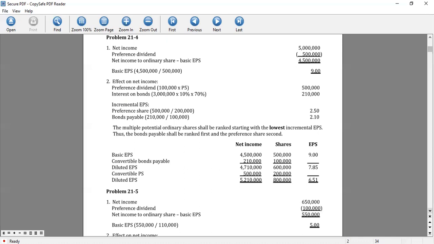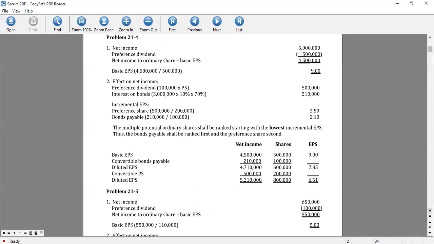Then for diluted earnings per share, we have net income of 4,500,000, and convertible bonds payable net income of 210,000.